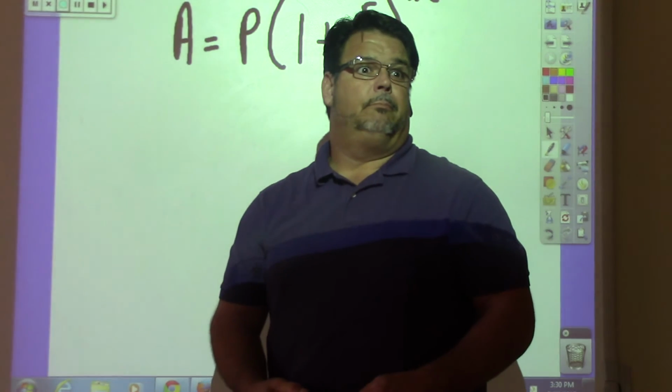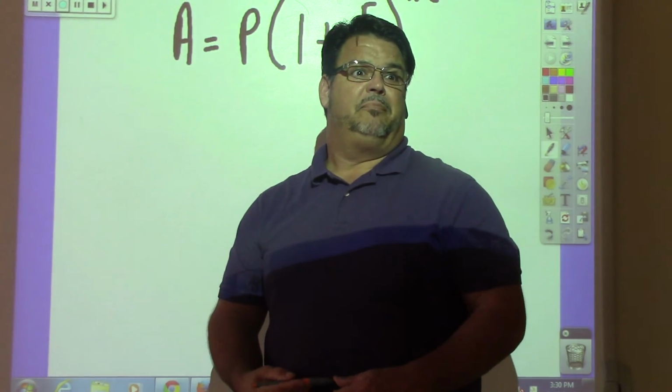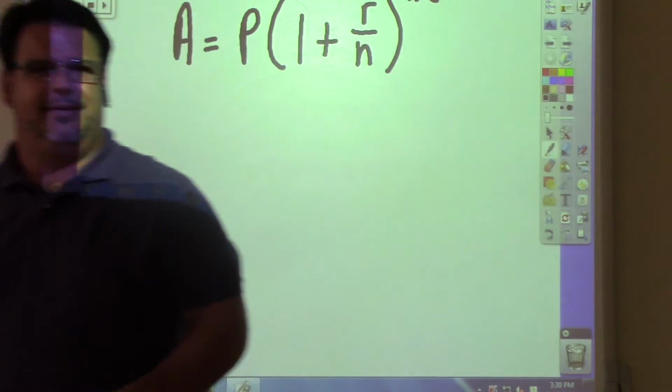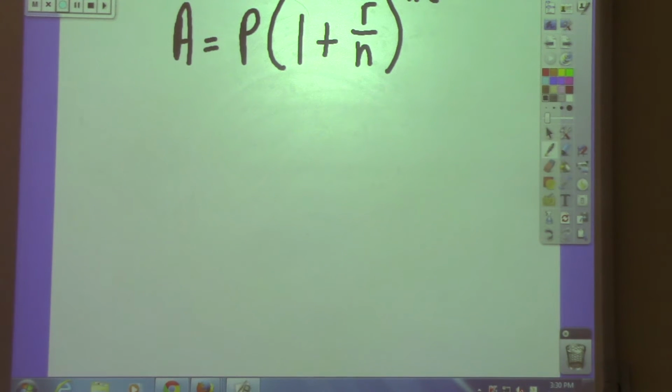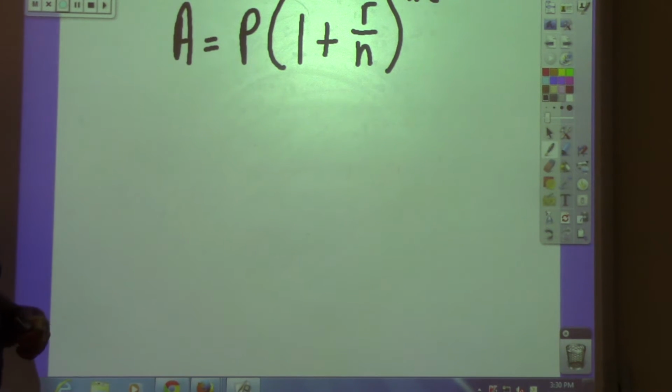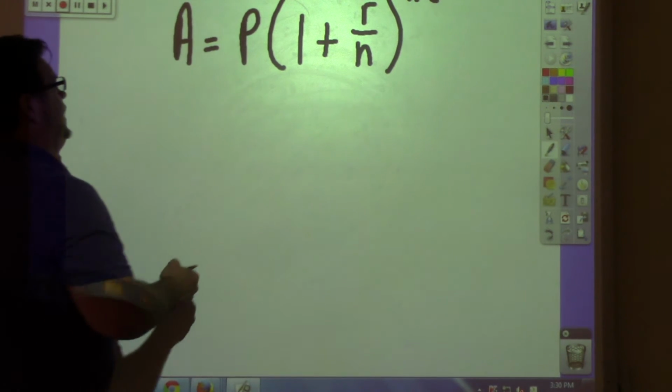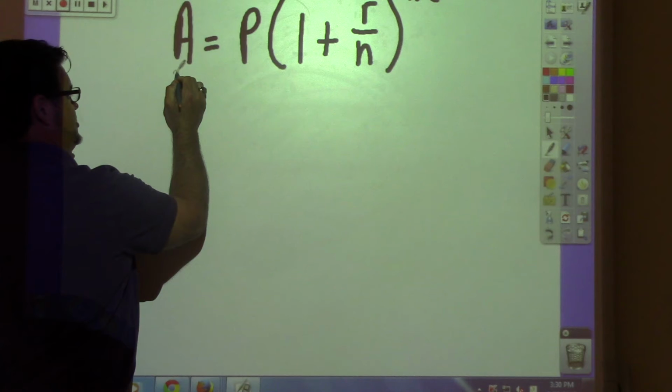A lot of your math courses have this in some form, because it's not only applicable to compound interest, it's also applicable to exponentials, and you could apply calculus to this also, area under the curve.